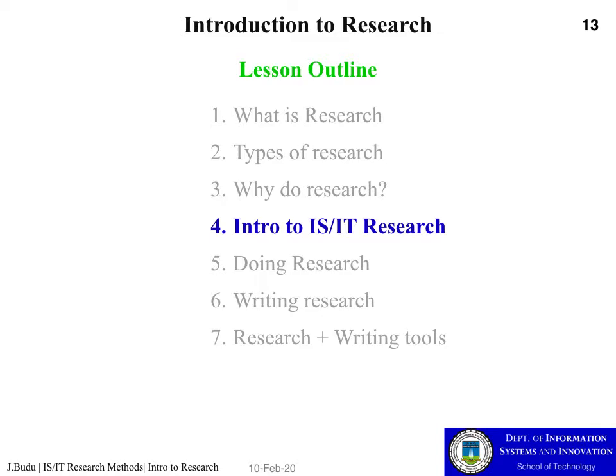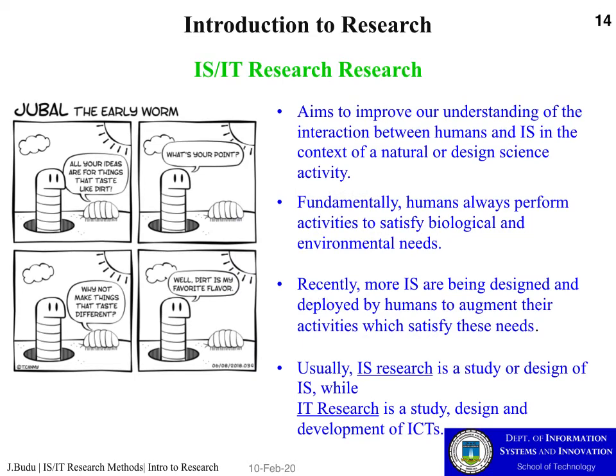So if we take a deeper introduction to IS or IT research, we have seen already that research helps to solve problems or to explain existing issues that we do not understand about phenomena. So IT or IS research aims at improving our understanding of the interaction between human beings and information systems.